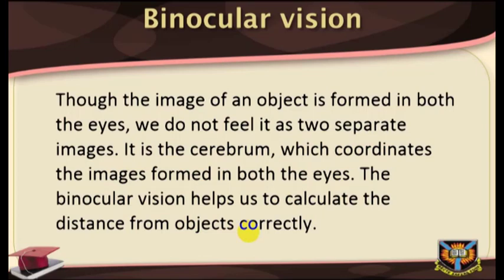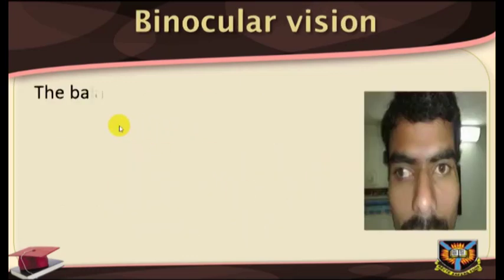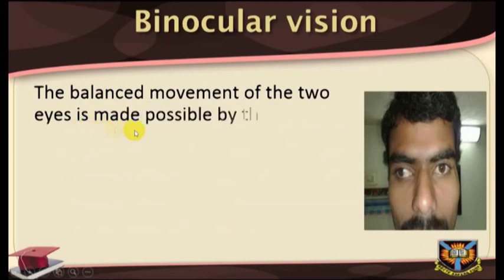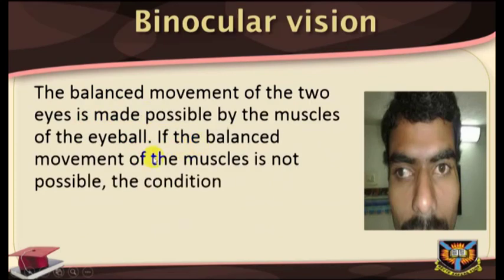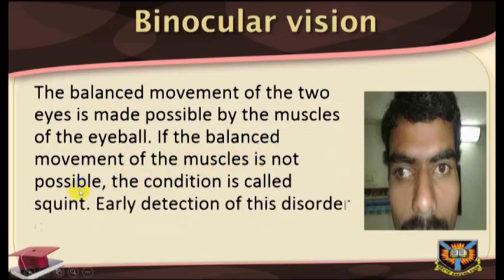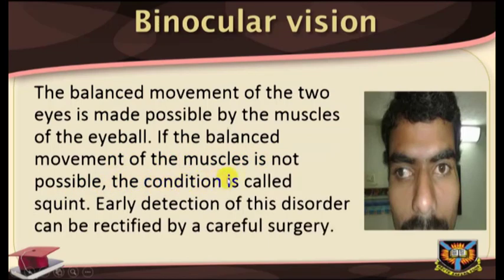Binocular vision is obtained since it is possible to concentrate both eyes on a single object. The balanced movement of the two eyes is made possible by the muscles of the eyeball. If the balanced movement of the muscles is not possible, the condition is called squint. Early detection of this disorder can allow it to be rectified by careful surgery.